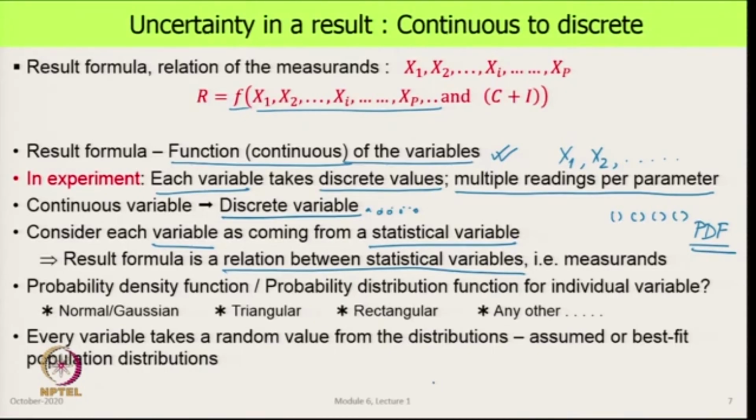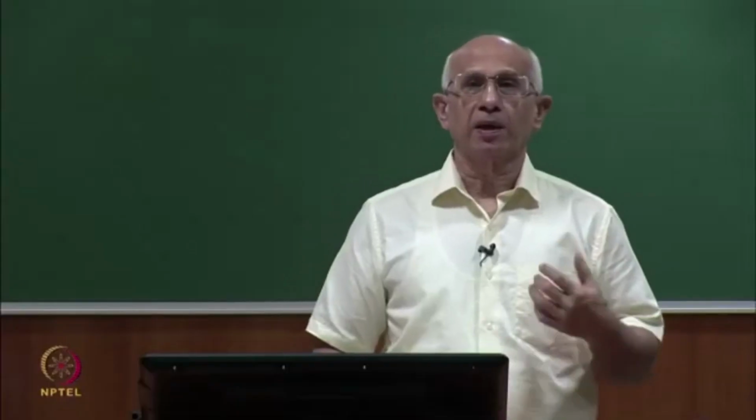And the most common probability distribution functions are listed here. The first is the normal or the Gaussian distribution. We could have a triangular distribution, rectangular distribution, or many other variants of any distribution function. What we are saying in some sense is, what is that population from which these errors are creeping into our experiment?